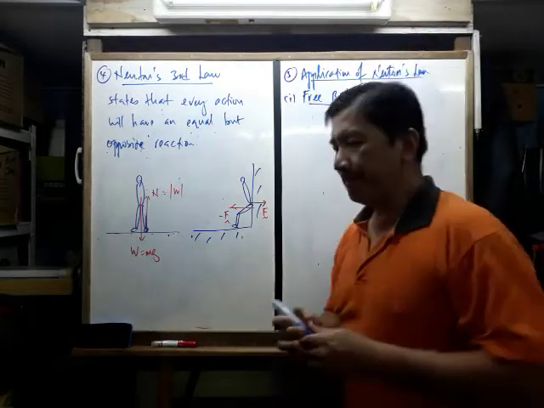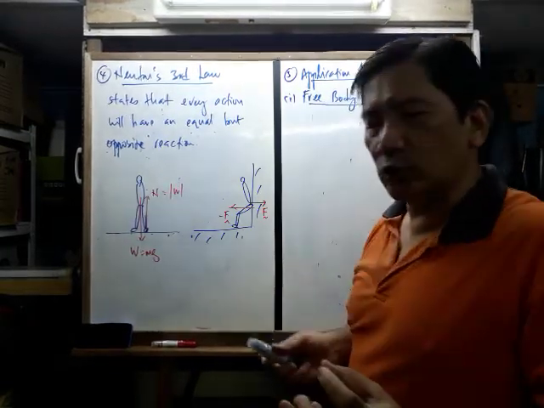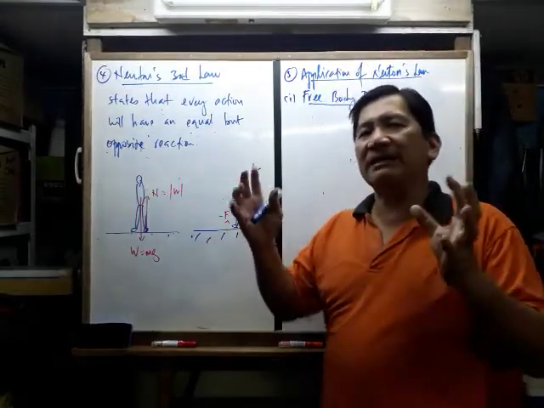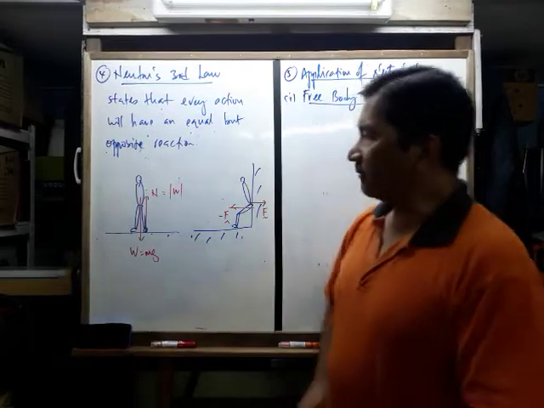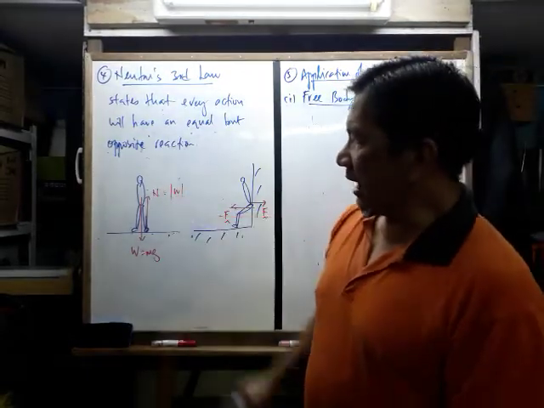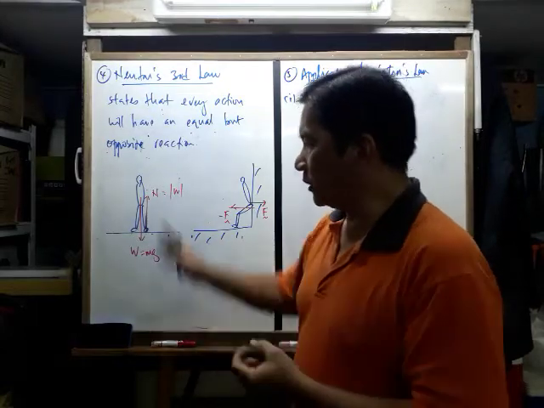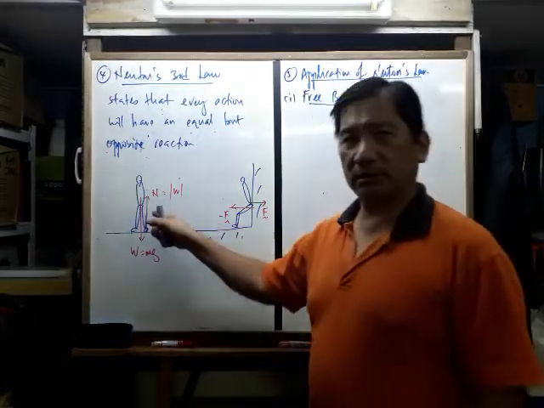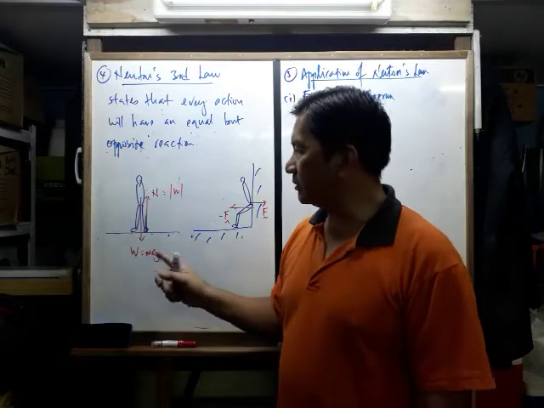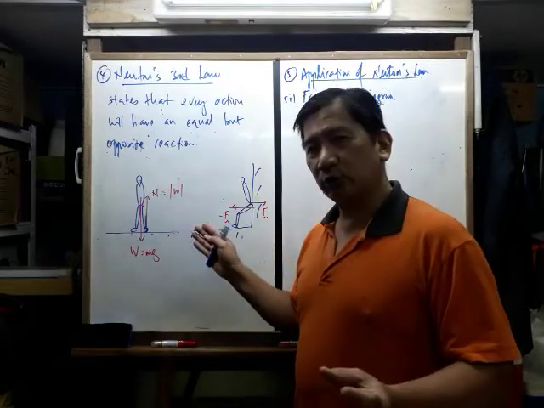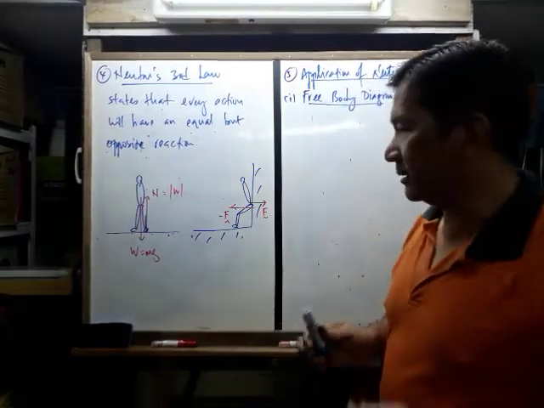A free body diagram is a technique used to simplify an object in a complicated system. For example, if I draw a humanoid on the floor to show you the forces, it might take time, and it might not look so beautiful, because I'm not an artist. Some physicists are artists, right?